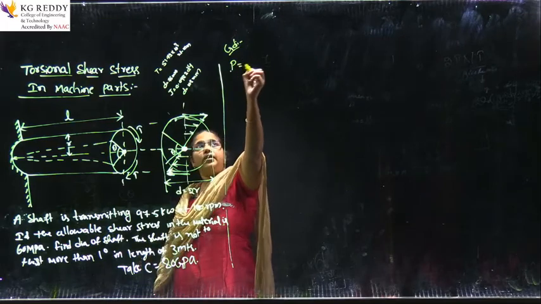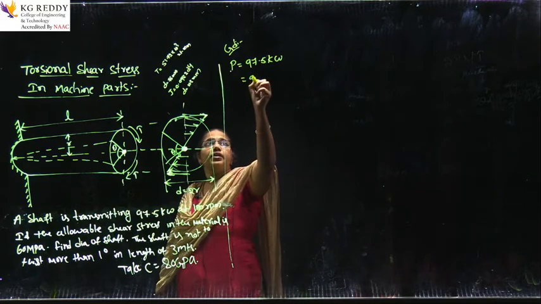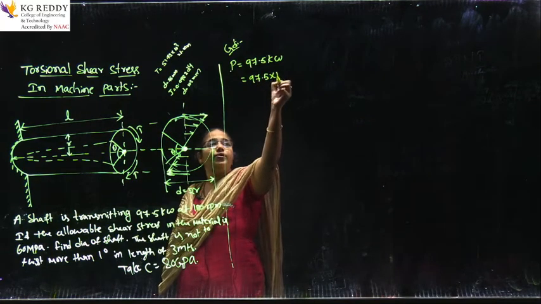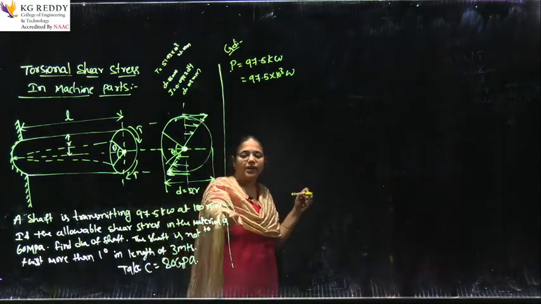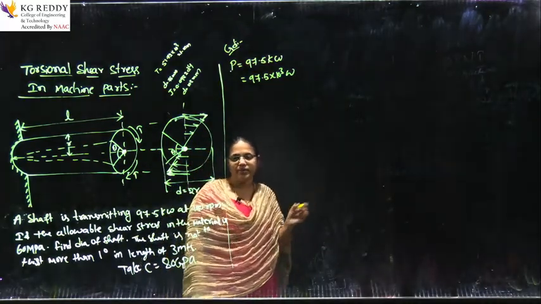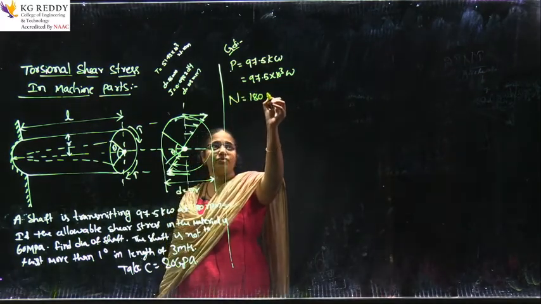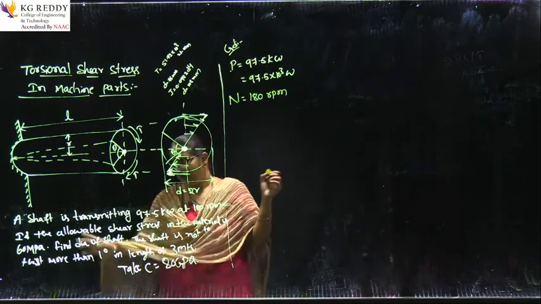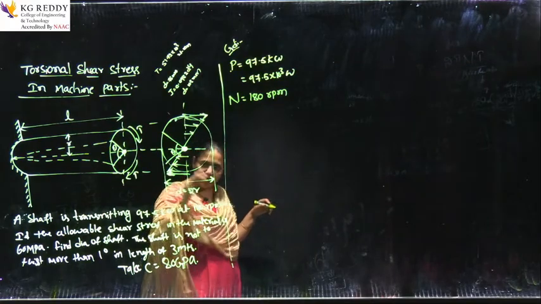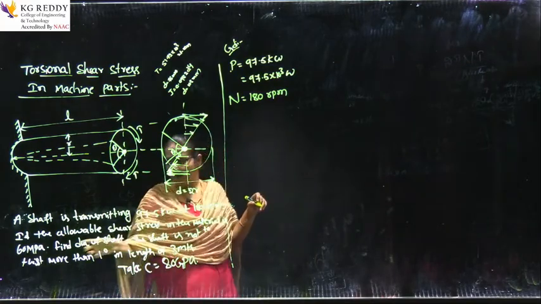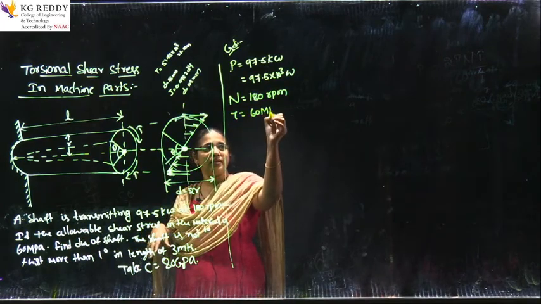So, power P equals 97.5 kilowatts, which we can rewrite as 97.5 into 10 cube in terms of watts. At 180 rpm, that is how much speed it is rotating. They have also given the allowable shear stress, tau equals 60 megapascals.